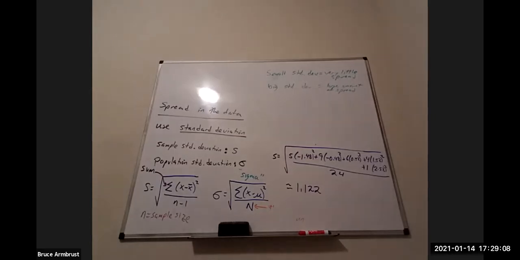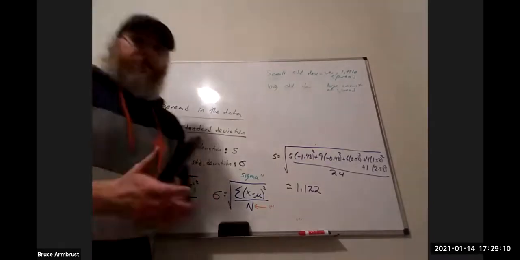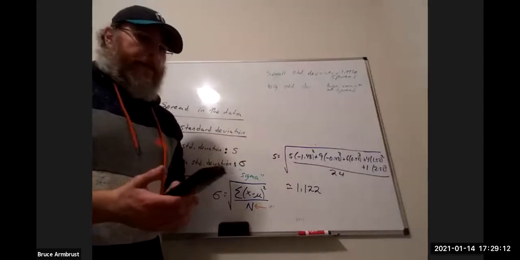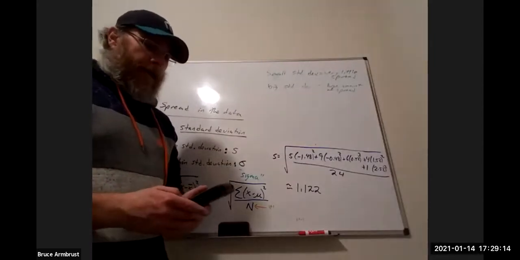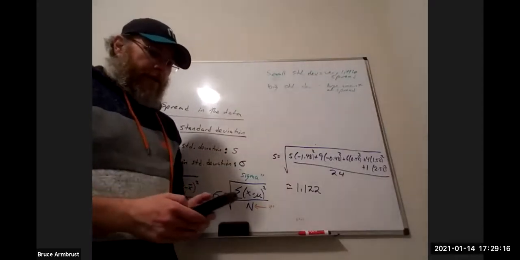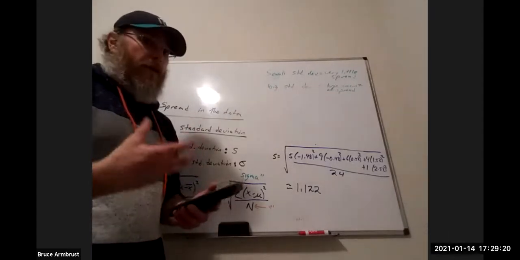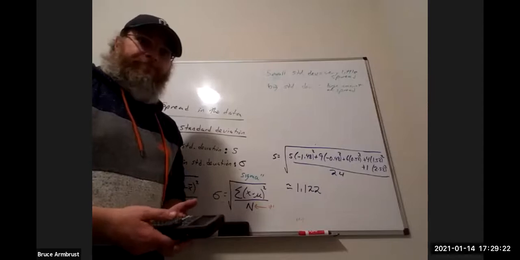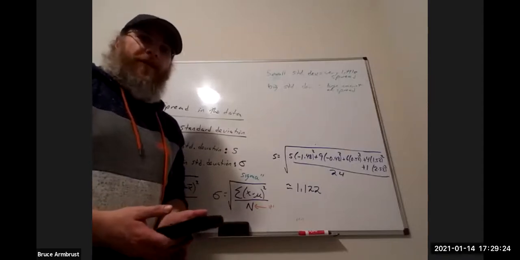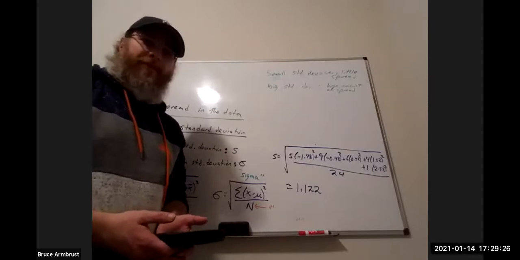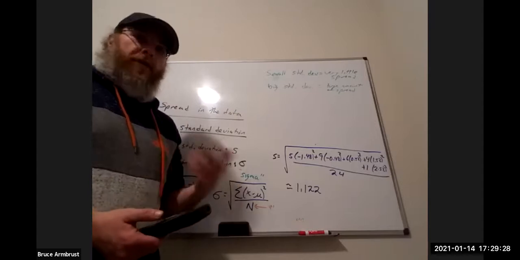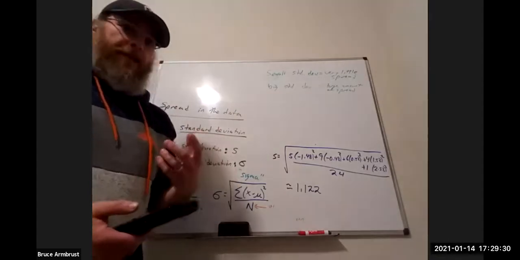So I have a TI-89. You guys might have something different, but they all kind of have something like this. With the TI-89, I've got a little window that's called stats. You might have one that says data, list, something like that. But there's a place for you to actually put in your data.